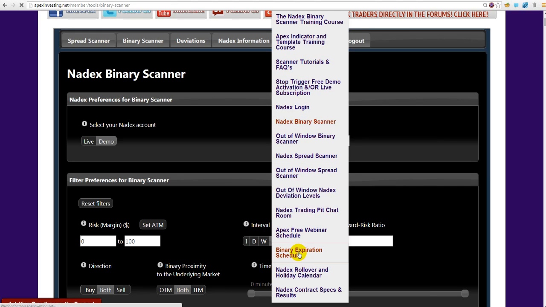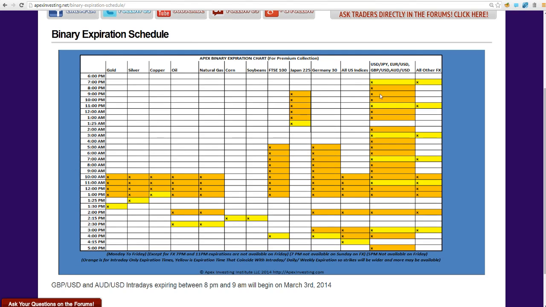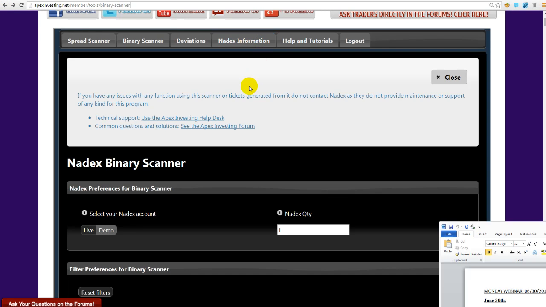If you go to that page, it shows you what all the expirations are. We need to add Euro yen to it. Let me see if I can send that over right now. I'll get that done for you. Again, that's just right under the scanner where we have the expiration schedule.